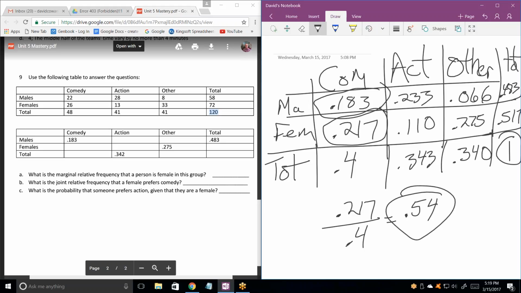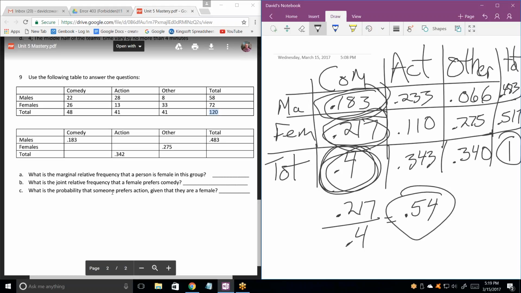In other words, 54% of females prefer comedy as opposed to 46% of males. Even though this doesn't come out to be 54 and this doesn't come out to be 46, we're measuring it relative to this 0.4 down here. You think that's the way it works.